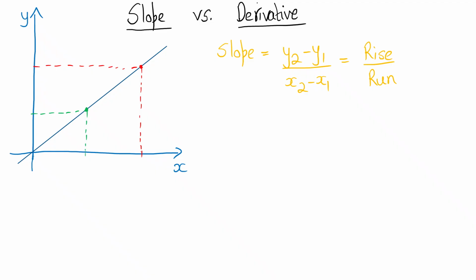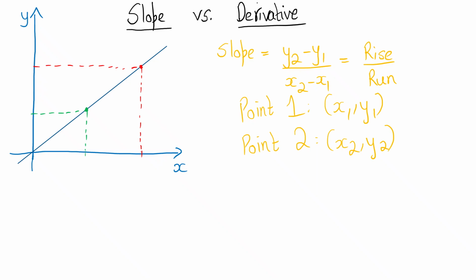If we're given 2 points, let's say point 1 is (x1, y1), and point 2 is (x2, y2). These are any 2 points on the graph, and we want to find the slope.